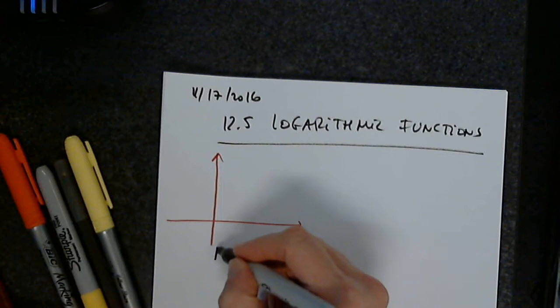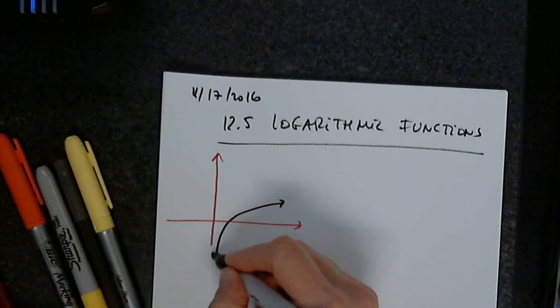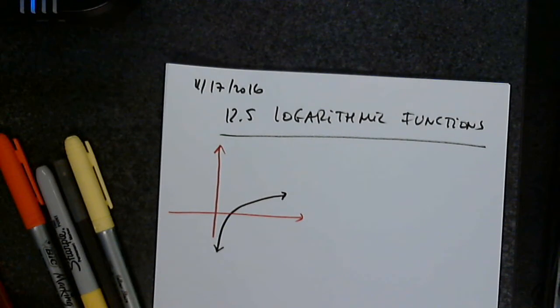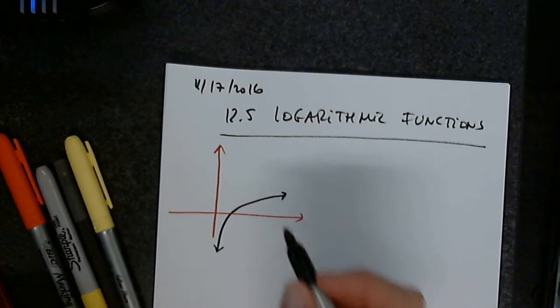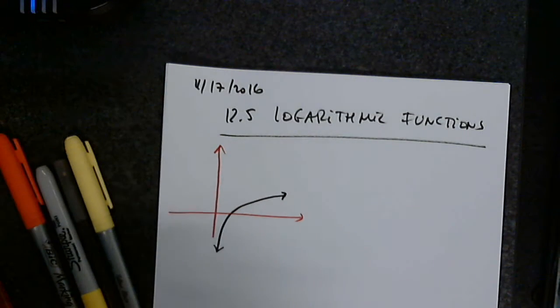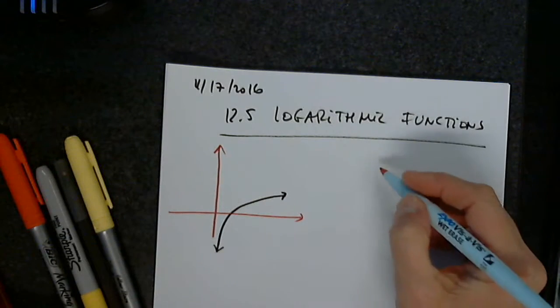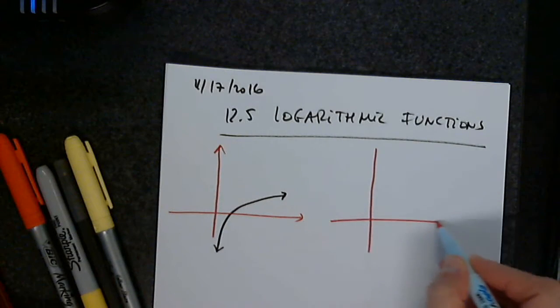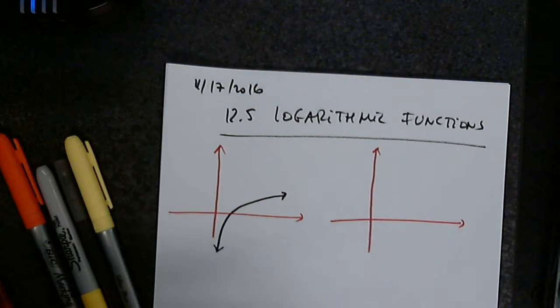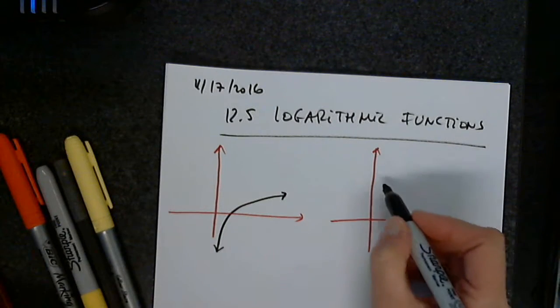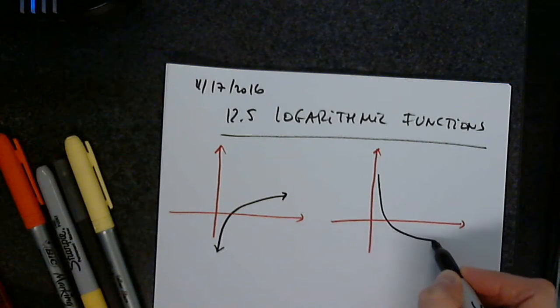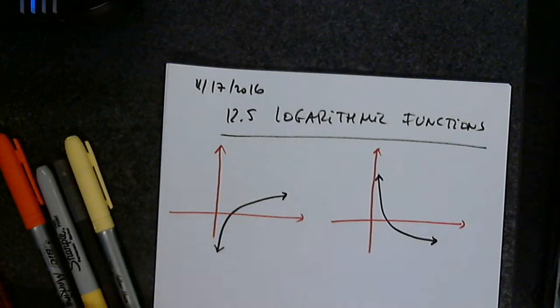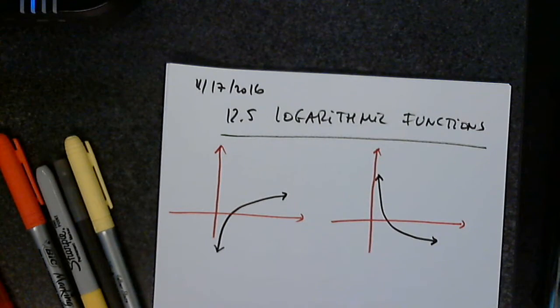We graphed them last time with a base greater than 1. And I'll explain the notation in a moment. Increasing on all its domain. And the other one with base less than 1, decreasing on all its domain.